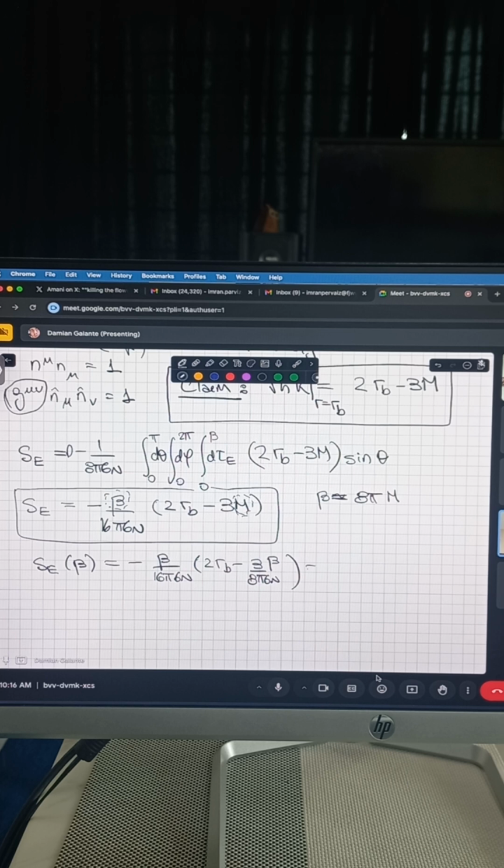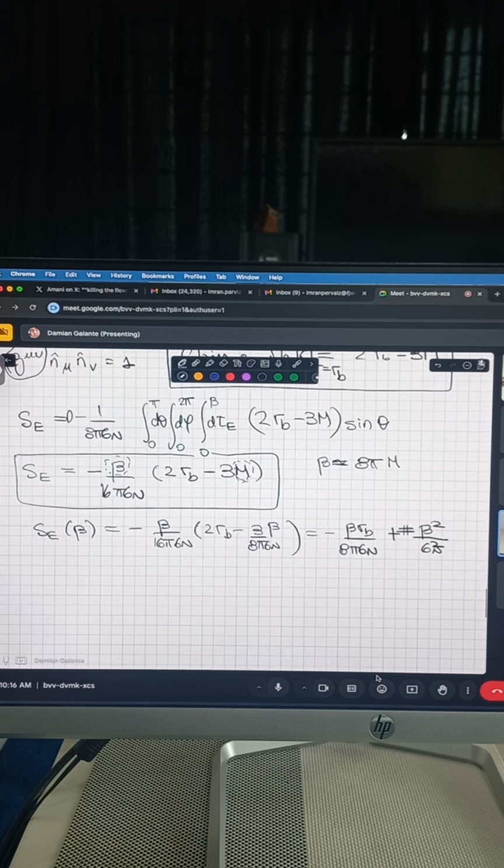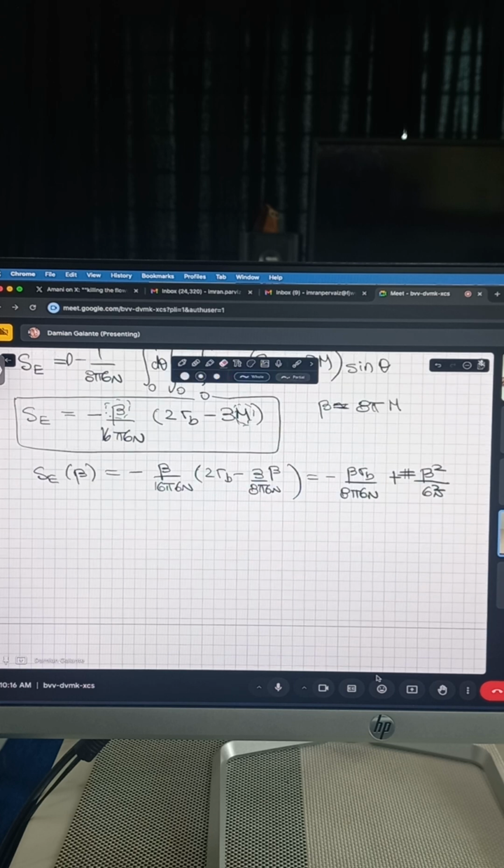Okay, and let's write it down again. This term will be minus beta r_b over 8 pi G Newton plus beta squared over G Newton squared times some numbers here that I will leave for homework. Okay, so now we found our partition function for gravity.